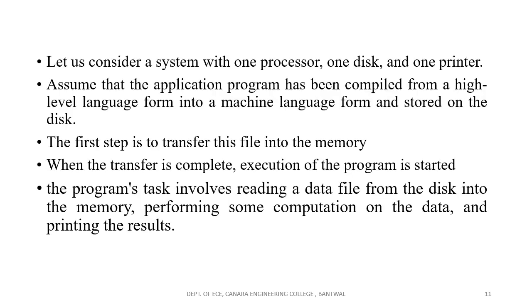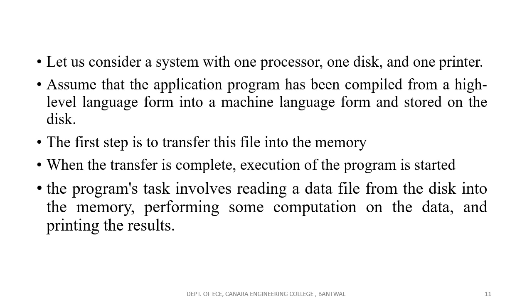In order to understand the basics of the operating system, let us consider a system with one processor, one disk and one printer. Assume that the application program is written in a higher level language, has been converted to a machine language program, and is stored on a disk. The very first step in this case is to transfer the compiled file into memory.